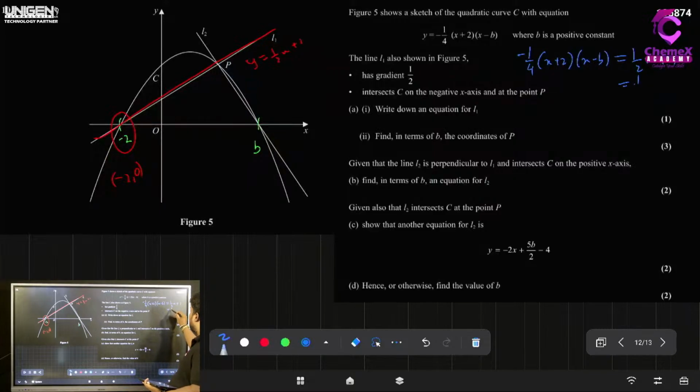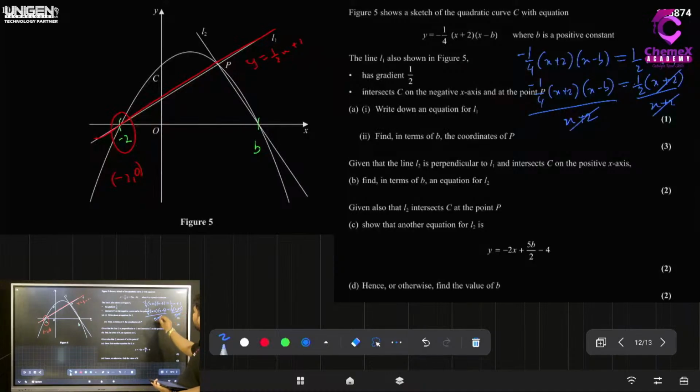You can take half out, x plus 2, because when you multiply it becomes 2, no? So this side is also 1 over 2 x plus 2. So can you see here, if you divide by x plus 2 both sides, x plus 2 gets cancelled off. So minus 1 over 4 x minus b equals 1 over 2. So 4 goes to other side, x minus b equals 1 over 2 into 4 divided by minus 1. So it's going to be minus 2.